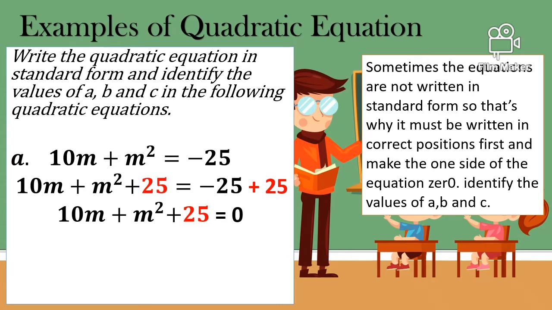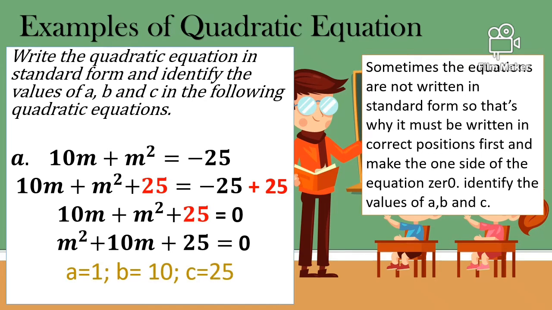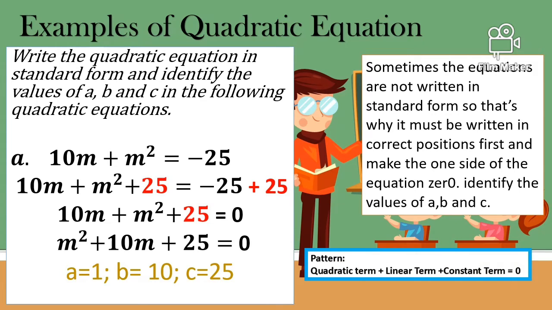By arranging, we're going to have m squared plus 10m plus 25 equals 0. So now, we're ready to identify the values of a, b, and c, which are a is equal to 1, b is equal to 10, c is equal to 25. Remember the pattern: quadratic term plus linear term plus constant term is equal to 0.